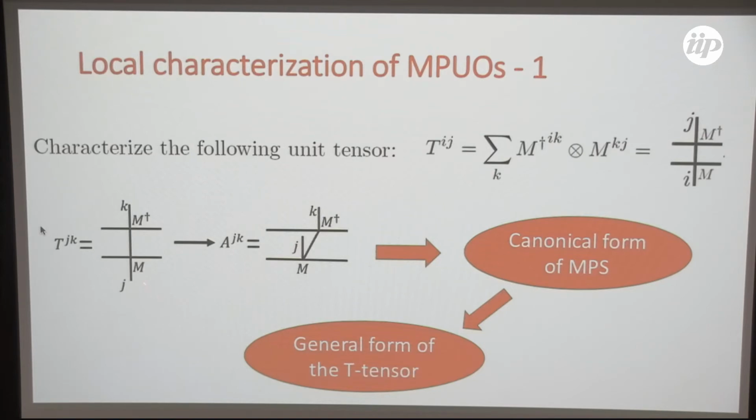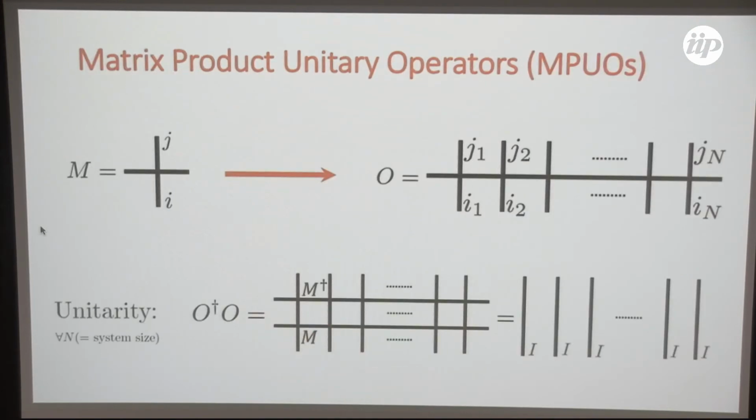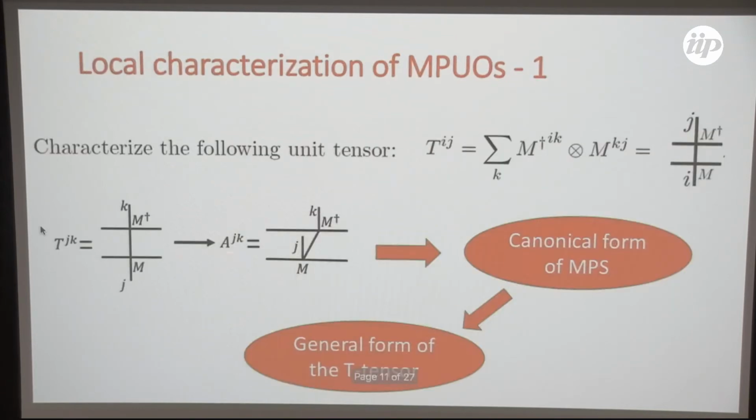And what we do is we basically apply invertible matrices on these legs without changing the unitary operator O. So we apply X and X minus 1 so that this whole operator doesn't change, but we still modify the structure of this T. And what we do is we see this operator as a state.